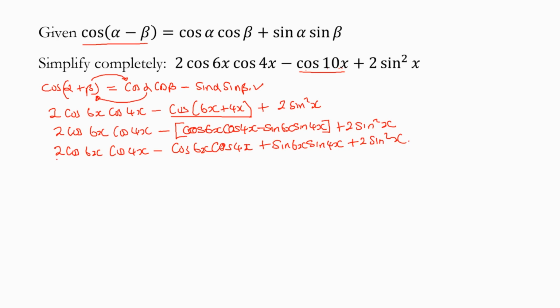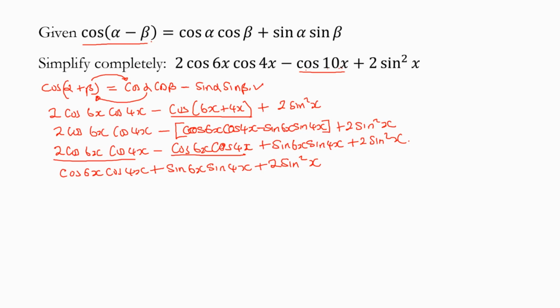If you check, these are like terms, so we can simplify them. This gives us 1 cos 6x cos 4x. So this is just like cos 6x cos 4x plus sine 6x sine 4x plus 2 sine squared x.